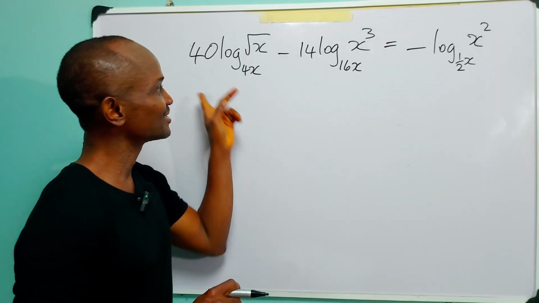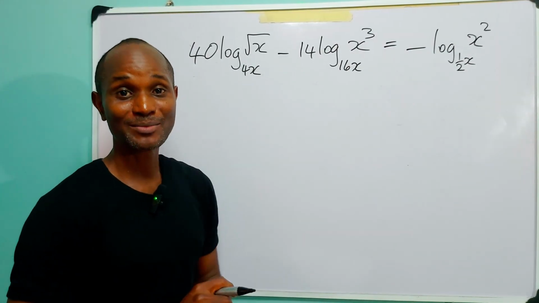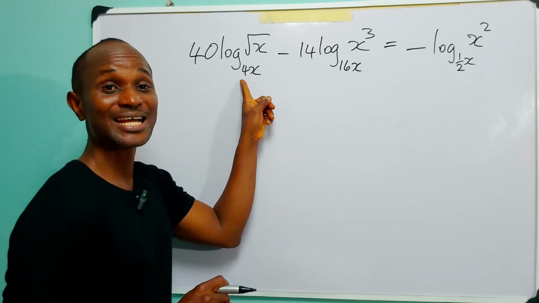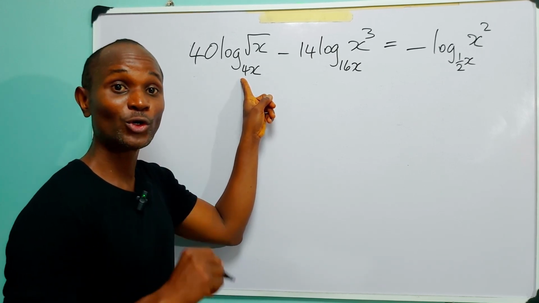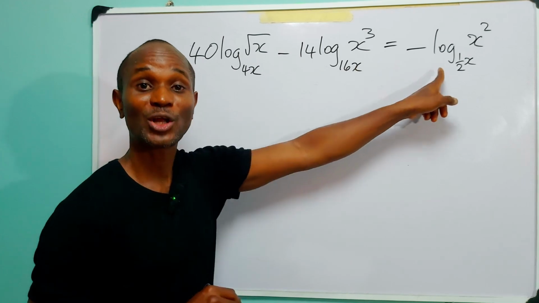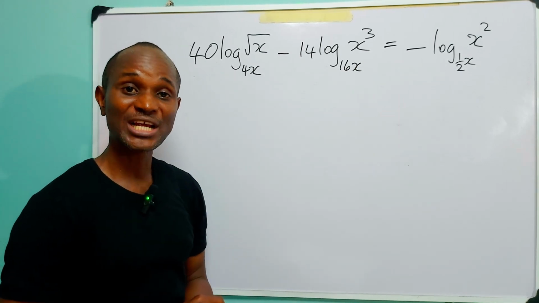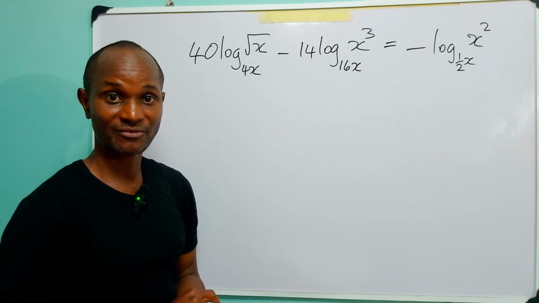Our task for today is to solve this long logarithmic equation for x. On looking at this equation, you will notice that we also have x, the unknown, in the base of the logarithms. So the first step to solving this equation would be to change the base using our change of base formula.